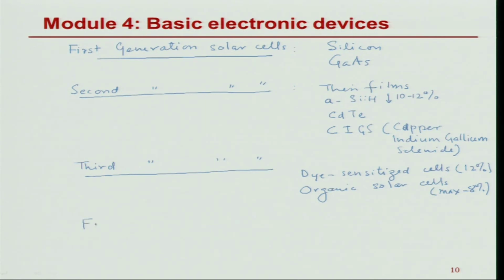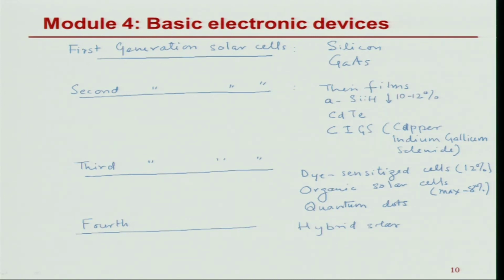And there is another, fourth generation, which people talk about, which is basically the hybrid solar cell, where they are trying to use the benefits of the regular inorganic solar cell with the benefits of the third generation type of solar cell, quantum dots, dye sensitized. We also have quantum dots included. So hybrid solar cells use advantages of both inorganic and organic solar cells, or the third and previous generation solar cells, to get the best efficiency.